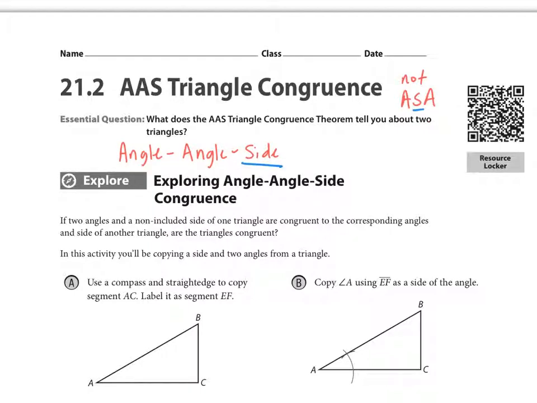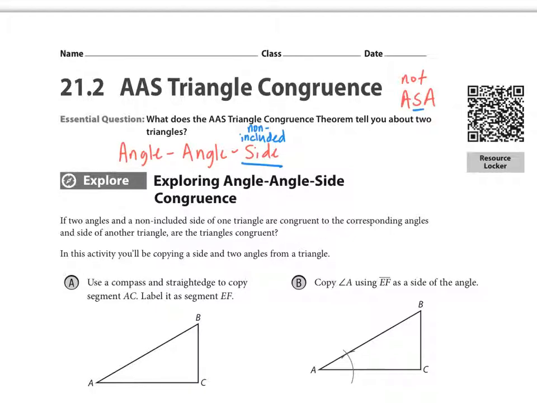In our first theorem, we had S in the middle, in between the 2 angles. And here the S, or the side, is not between the 2 angles. So that's going to be applied to our triangles where the side is not included. Here in the book, it's going to mention it as non-included side.